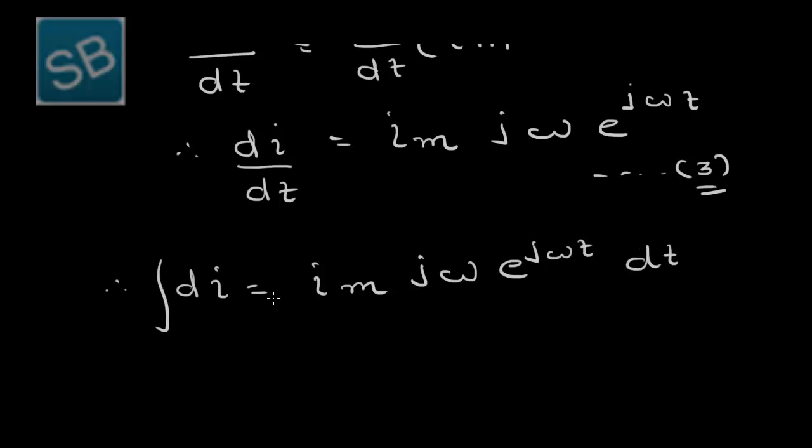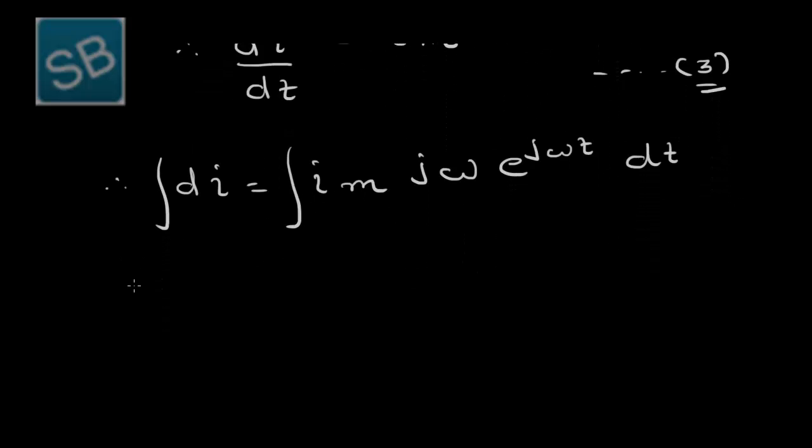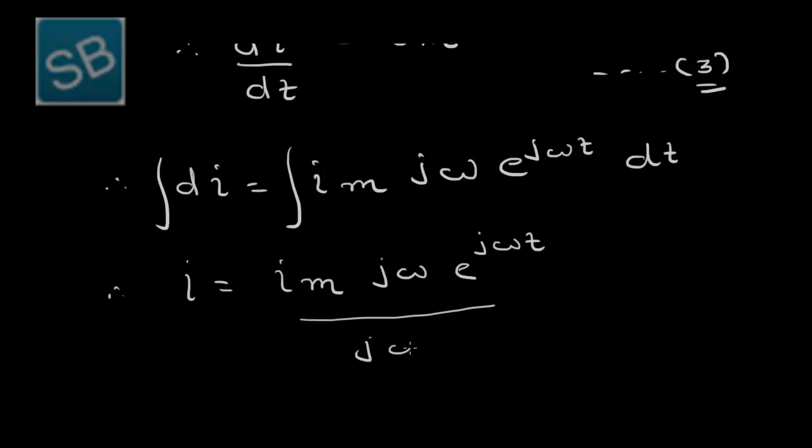Now you integrate both the sides. Then again the same relation will come: i is equal to Im, and this j omega will be constant, so e raised to j omega t divided by j omega.